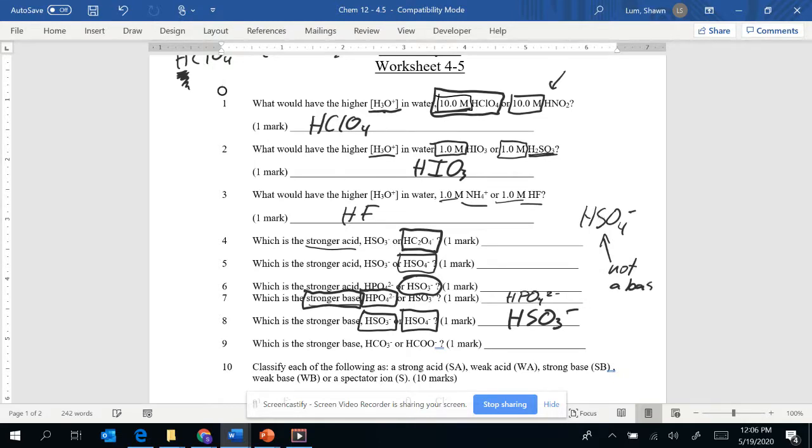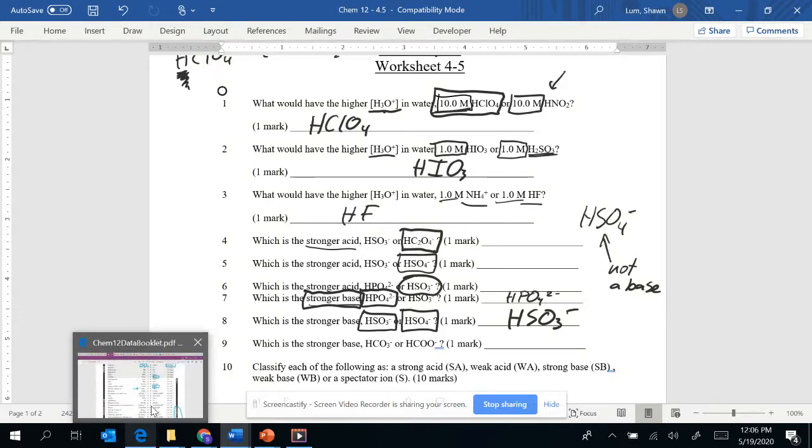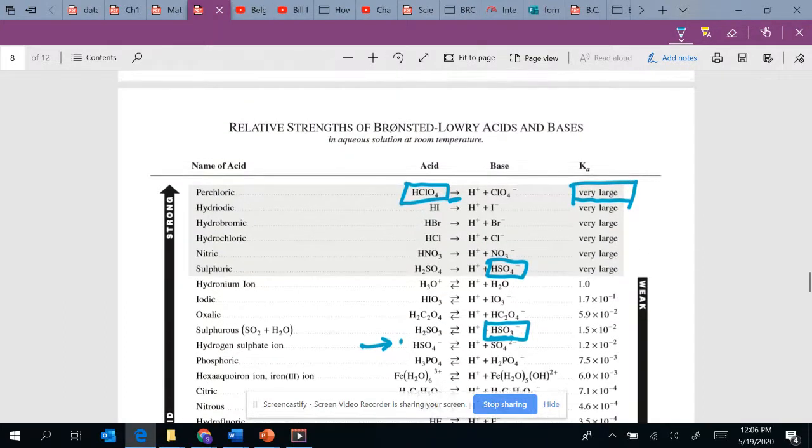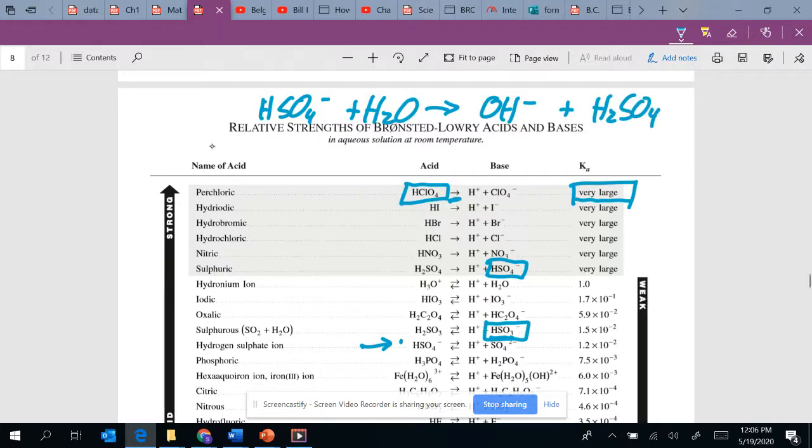Not a base. Okay. And this is going to be a little bit tricky, but I'm going to show you why HSO4 minus is not a base. So right here, HSO4 cannot be a base because if it was HSO4 minus plus H2O, you're saying that it would turn into OH minus plus H2SO4. This reaction is impossible. It cannot happen.